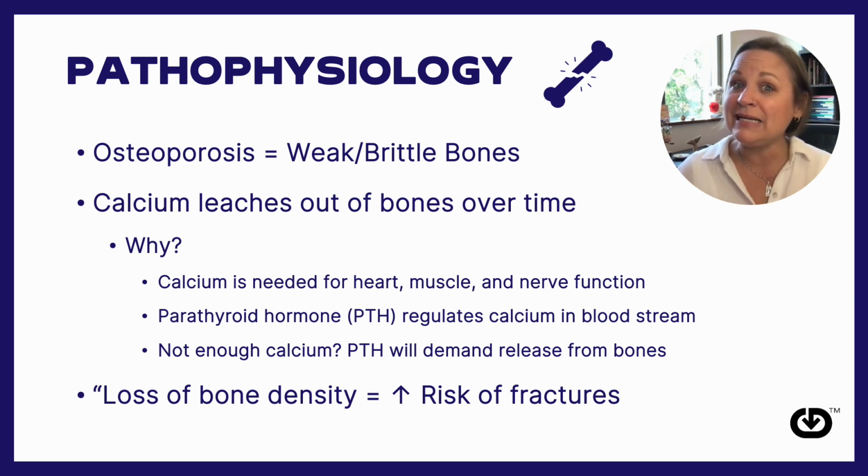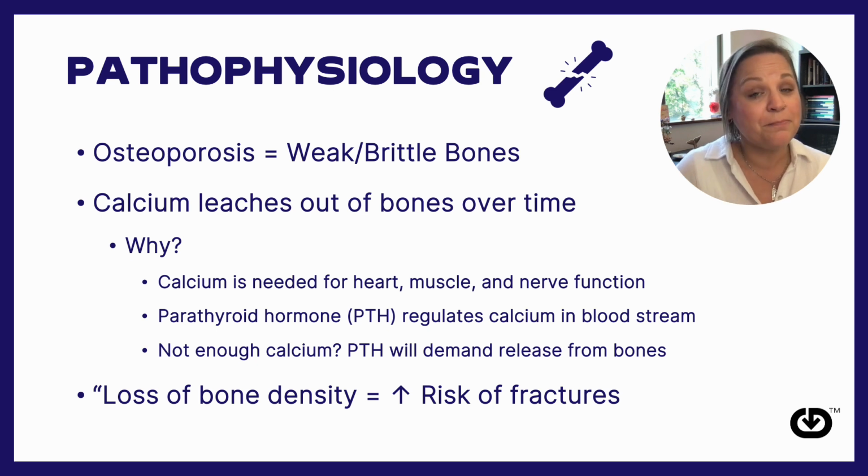So when the body doesn't have enough calcium, the body will steal that calcium from the bones and suck it into the bloodstream to be used for more important functions at that time, like our heart rhythms and muscle and nerve function. And so the parathyroid hormone is really responsible for overseeing this process and deciding when it needs to borrow calcium from the bones.